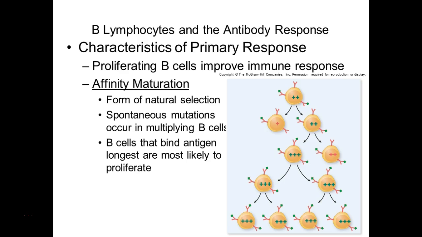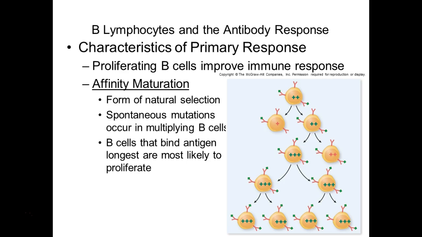So each B cell, we said, makes their own unique antibody. In the process, once they become activated, when they are copying themselves, they are going to purposely mutate their DNA that makes this B cell receptor ever so slightly.